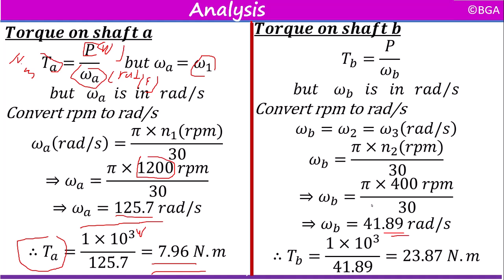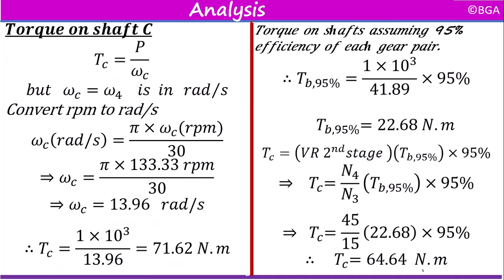So you substitute this omega back into the torque equation. Power is 1 multiplied by 10 raised to 3, which is now in watt, divided by the speed, and then you get the torque on shaft B to be 23.87 Newton meter. This is how you get torque on shaft B.